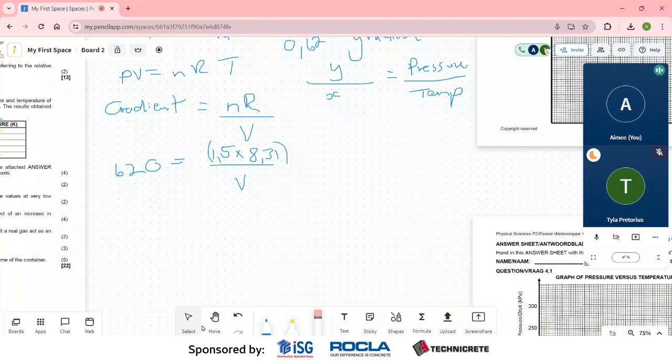So you plug this into your calculator, you manipulate your equation, and you get a volume of 20.1 decimeters cubed. And that's your final answer.